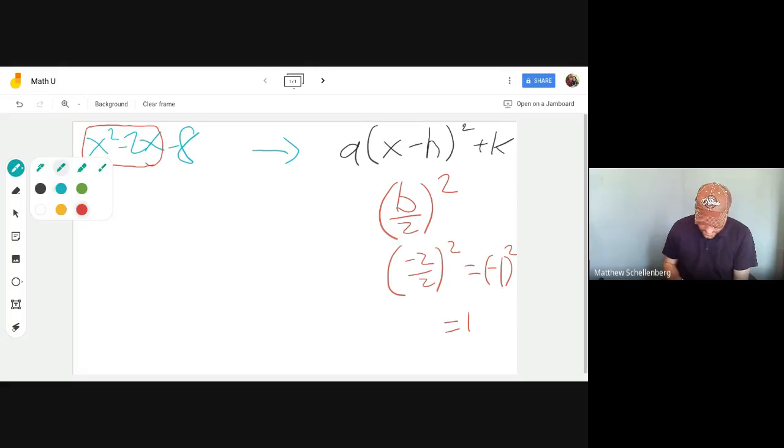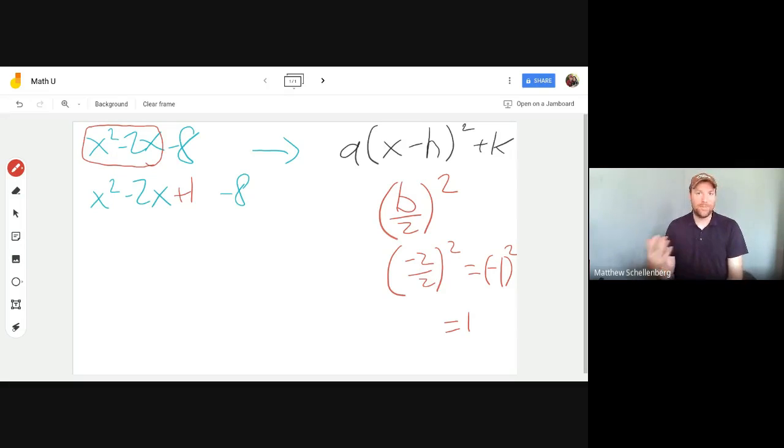So what I'm going to do is I'm going to say this is x squared minus 2x minus 8, right? We haven't changed anything there. And I'm going to add 1. But I can't just arbitrarily add 1 just because I feel like it, because I would be changing the expression. And so I also have to subtract 1. What this helps me with is that now I can take this and factor it into a perfect square.